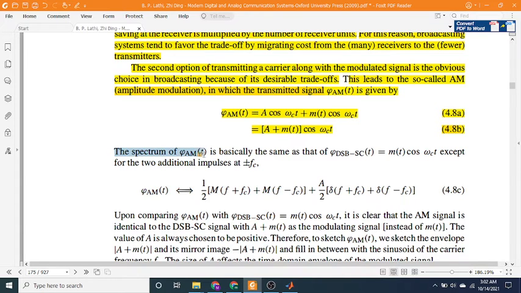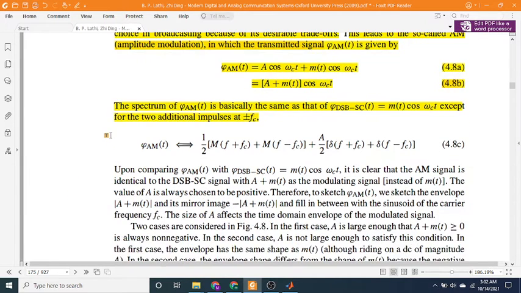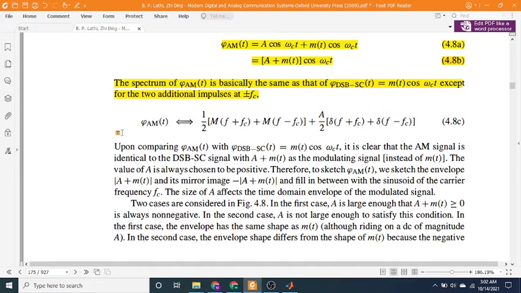The spectrum of φAM(t) is basically the same as that of φDSB-SC(t) = m(t) cos ωct except for the two additional impulses at ±ωc (4.8c).